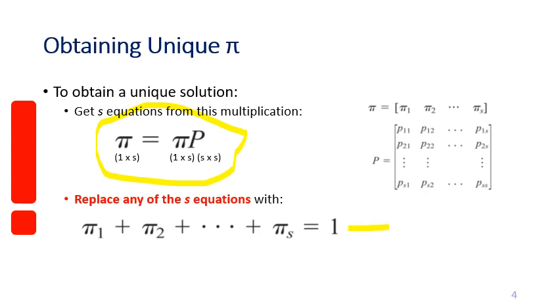Okay, and this is very important. You delete, or just throw away, one of them, and then add the second equation. So finally, you will get s equations, and then you solve these final s equations.